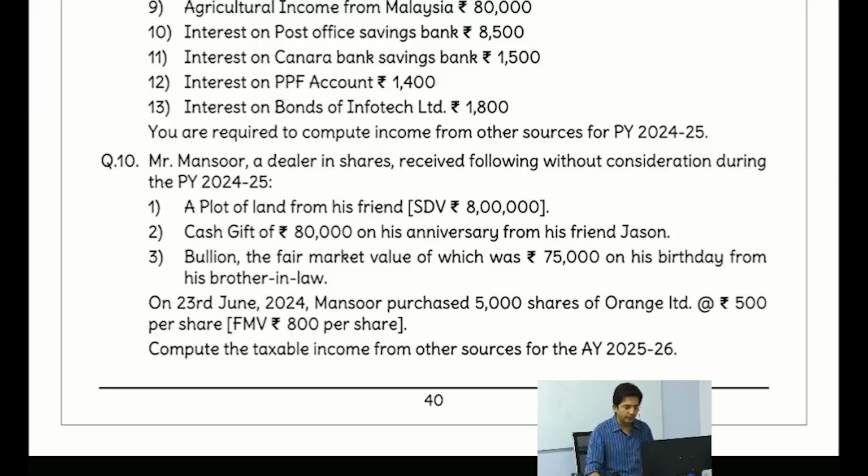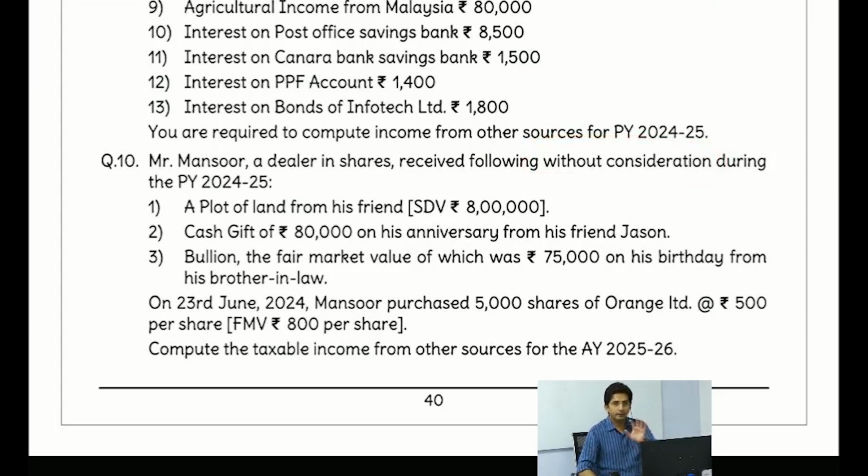Mr. Mansoor, a dealer in shares. Dealer means it is his business to buy and sell shares, so for him, shares are stock in trade. Then read what they are saying. He received the following without consideration. Without consideration means free, no price.